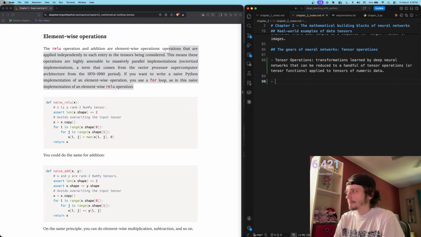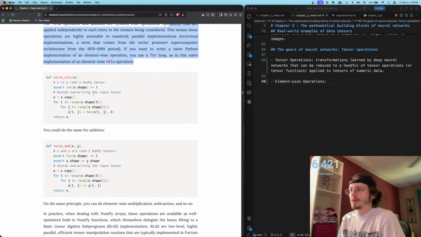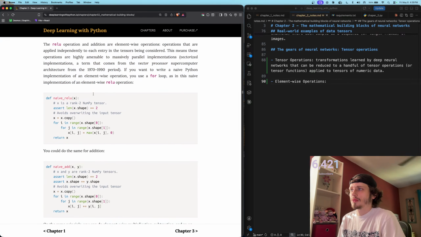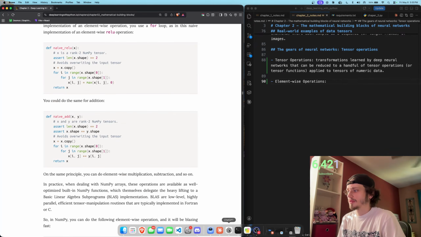Okay, so then element-wise operations. Right, element-wise operations are... let's get some feedback here.